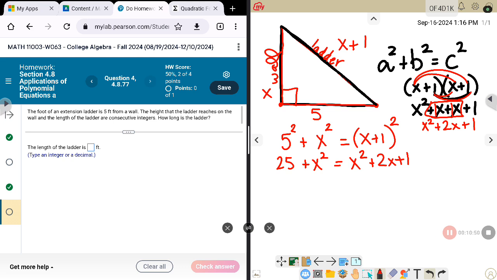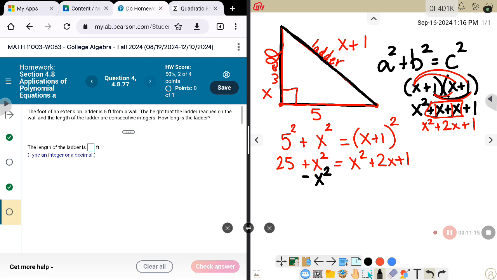So it's looking quadratic again, since the highest exponent in this equation is squared. But look what happens. Remember, if you're going to use your quad calculator, all the terms have to be on one side set equal to 0. Look what happens when you put your x squareds on the same side as each other.